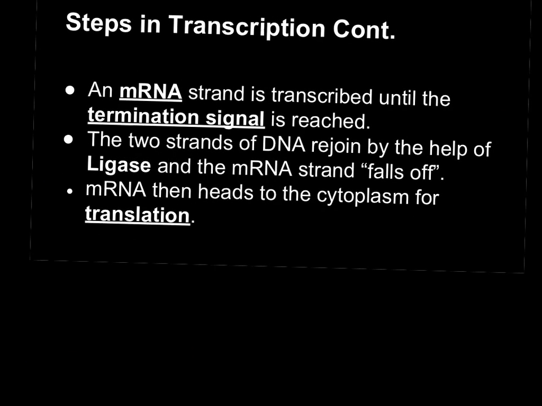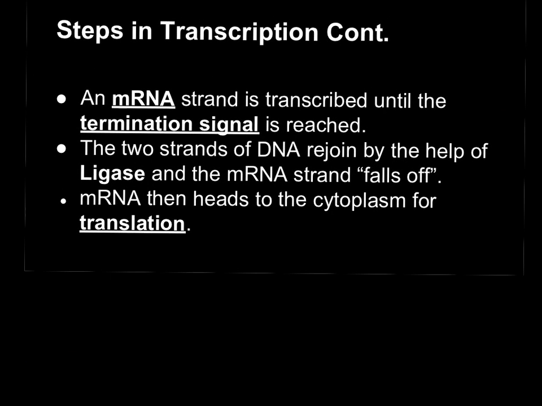Then the mRNA strand is transcribed until the termination signal is reached. The two strands of DNA will rejoin with the help of an enzyme called ligase, and the mRNA strand is going to fall off and head to the cytoplasm where translation is then going to occur.